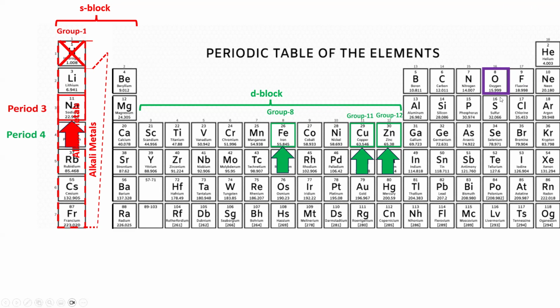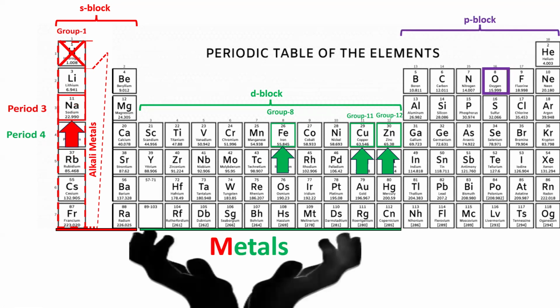And here we are checking the behavior of all these metals towards a common element, oxygen, and oxygen is situated in the p block. A very interesting thing is that all elements in the s and d blocks are metals.